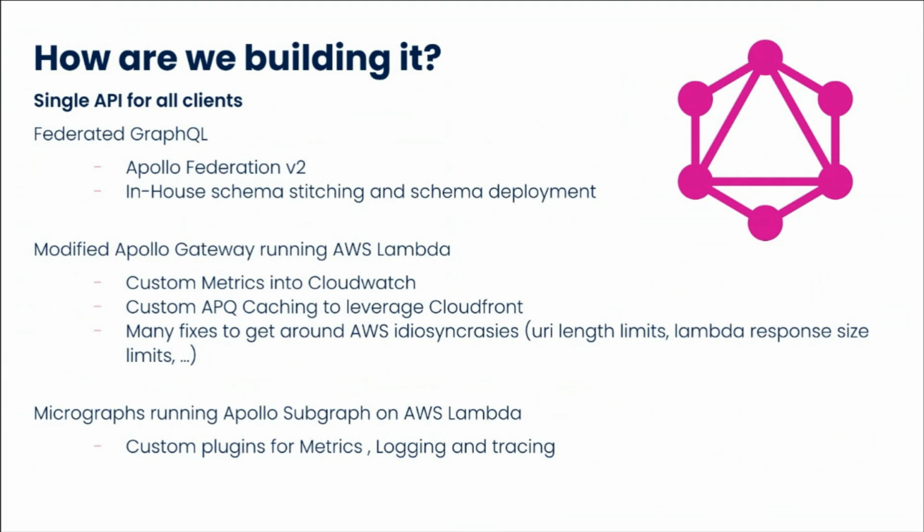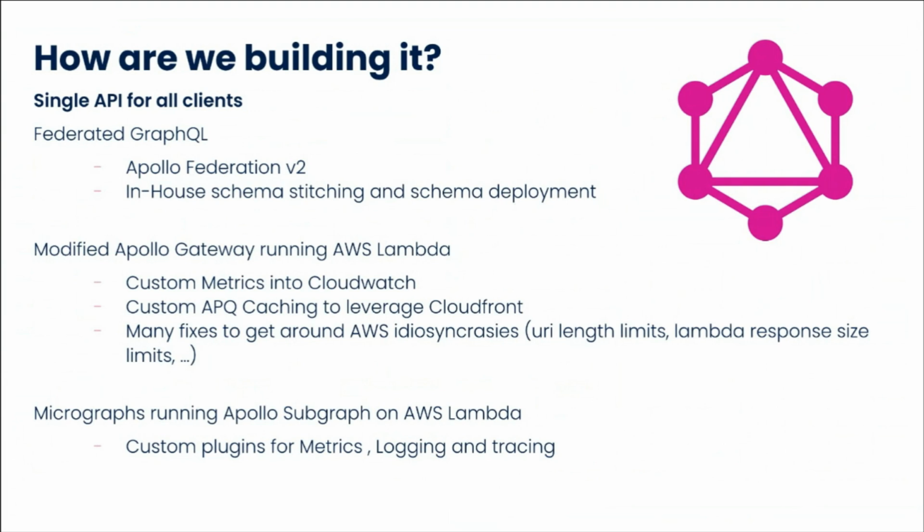Finally, all of our micrographs run the Apollo subgraph library. We don't touch it, we don't modify it. It's basically what comes out of the box. However, in order to enable our teams to use CloudWatch, we've built a load of custom plugins that standardize logs, standardize metrics, and so on.